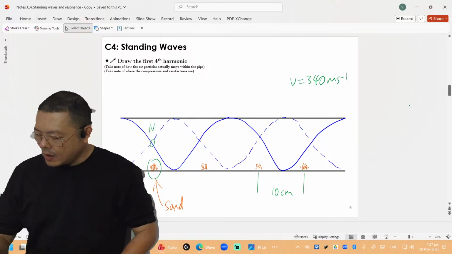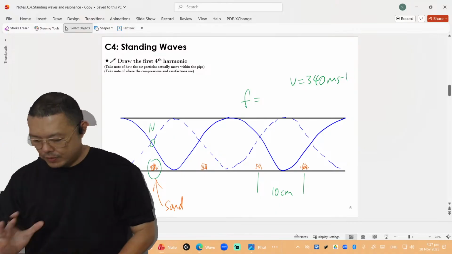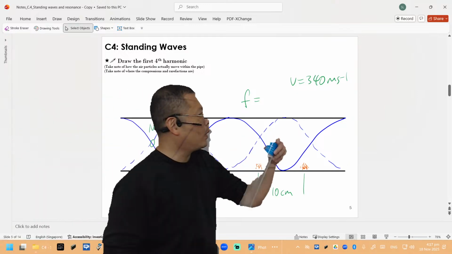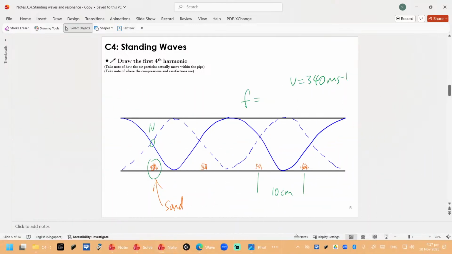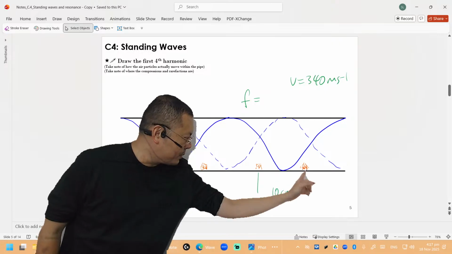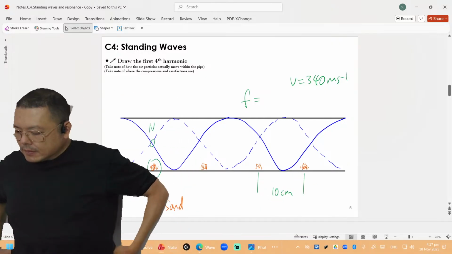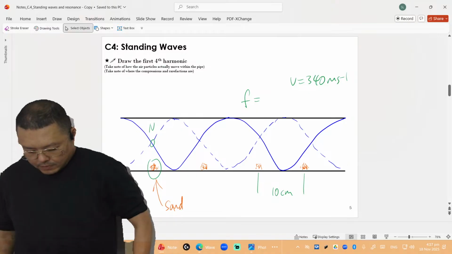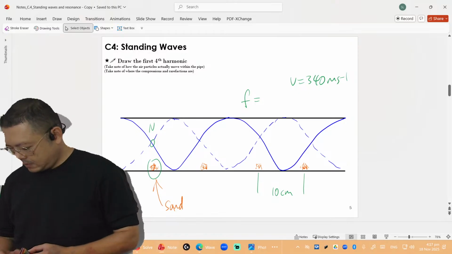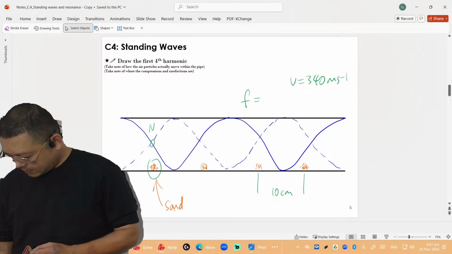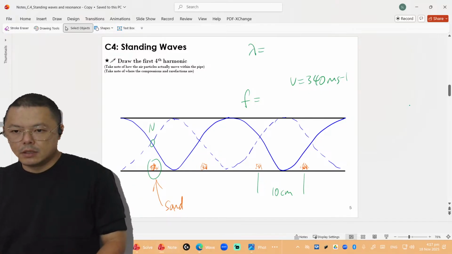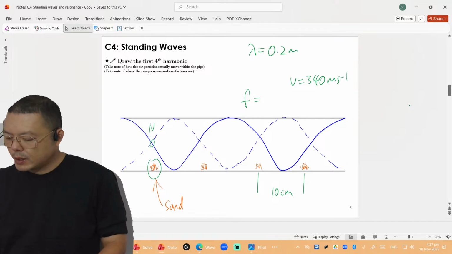Can you tell me what is the frequency being played now, given that the distance between the two heaps is 10 cm? So the wavelength is how much? The wavelength will be 0.2 meters. It will be 20 cm.